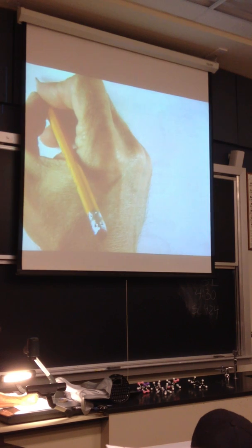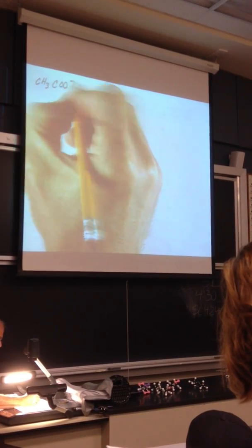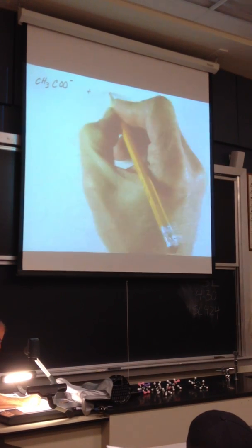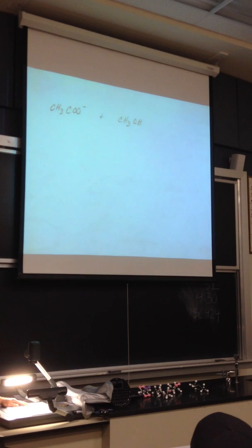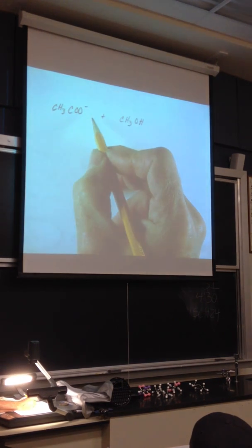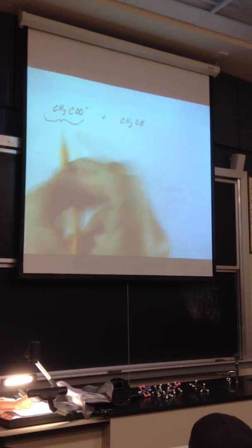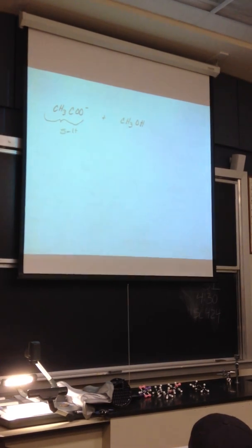So if I have CH3COO minus plus CH3OH, what they did is they left something off here. What did they leave off? They left off some sort of counter ion, that this came in as some sort of salt. Okay, now, is this an acidic salt, or is it a basic salt, or is it a neutral salt?